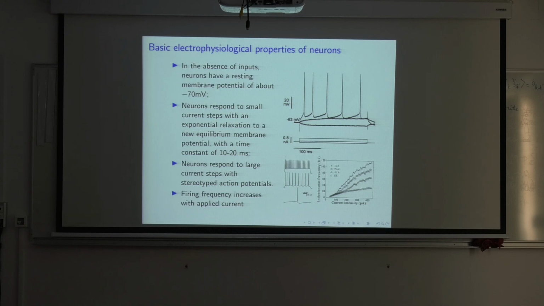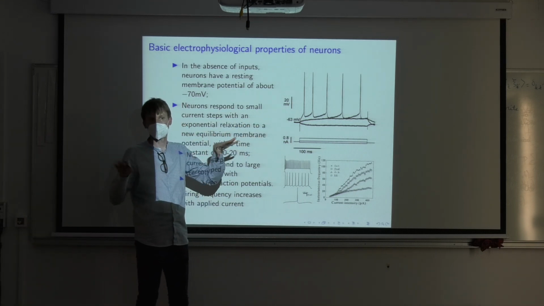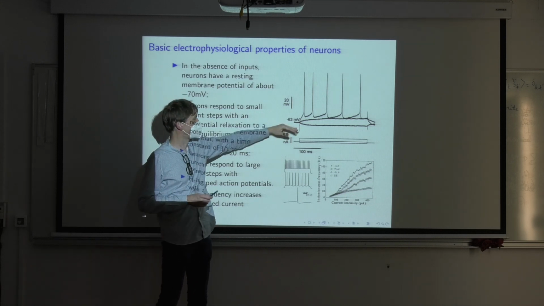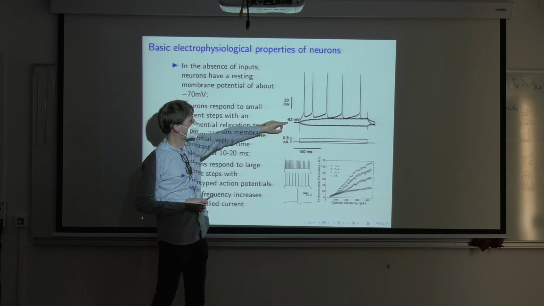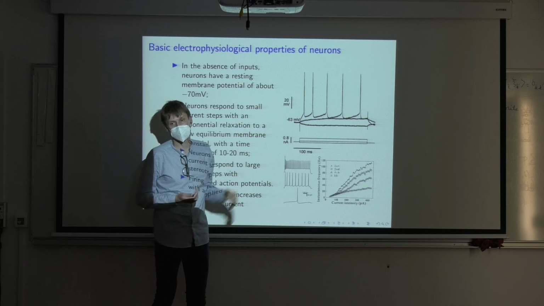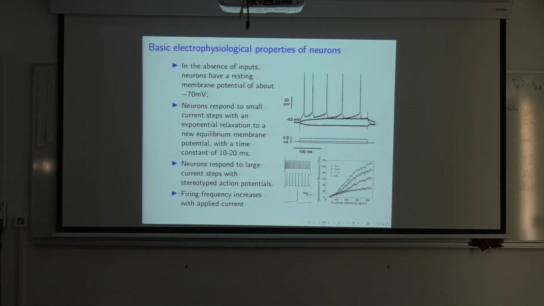All right, so let's summarize some basic electrophysiological properties of neurons. This is a recording of a neuron in a brain slice, where basically there are no inputs. The slice is completely silent. You can maintain these neurons alive, and you see that they have a stable resting membrane potential, which is typically at -70 millivolts. This is because of concentration gradients of various ion types.